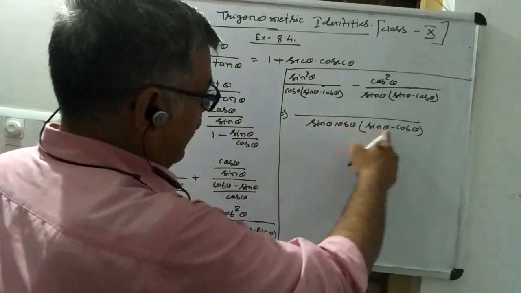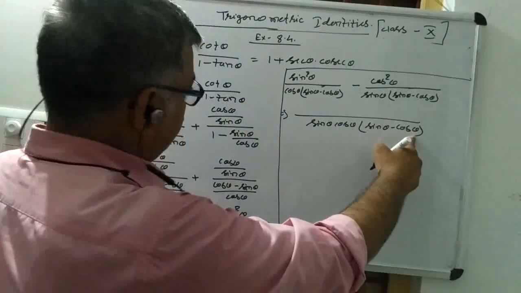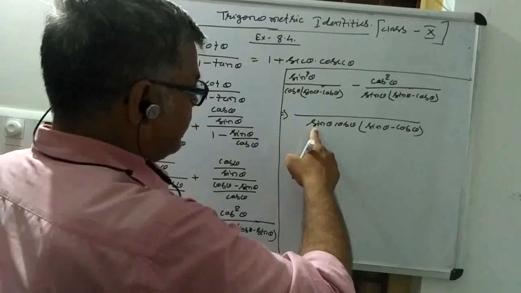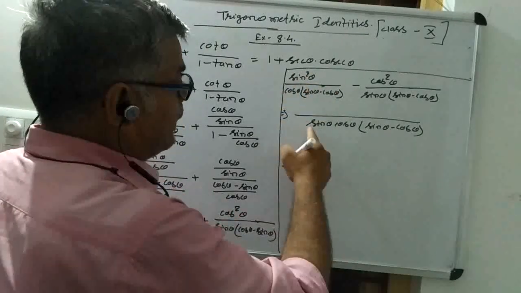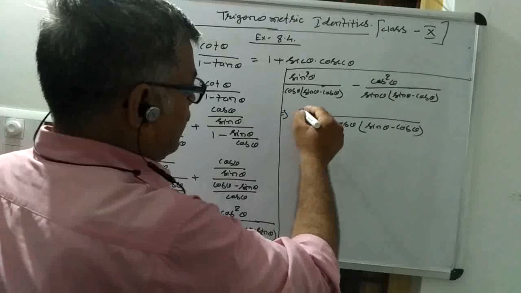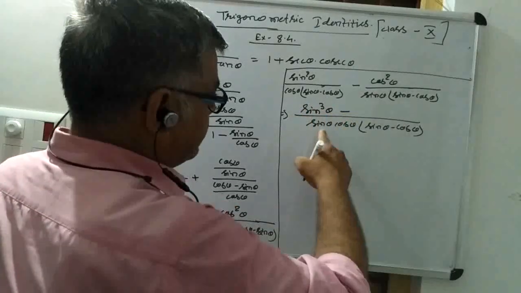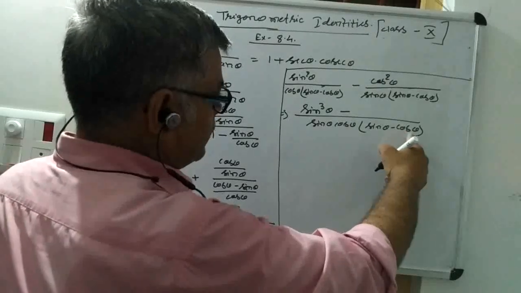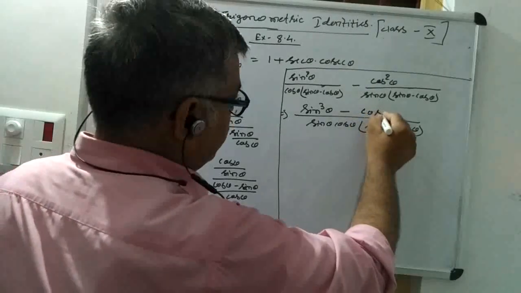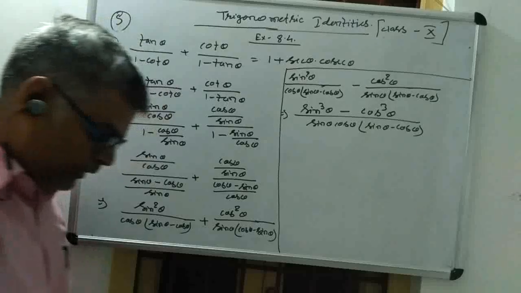Cos theta and sin theta minus cos theta will get cancelled, so we will have sin theta only, and sin squared theta into sin theta equals sin cubed theta, minus again sin theta, and sin theta minus cos theta will get cancelled. Here we will have cos cubed theta.